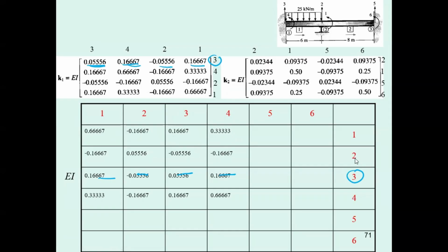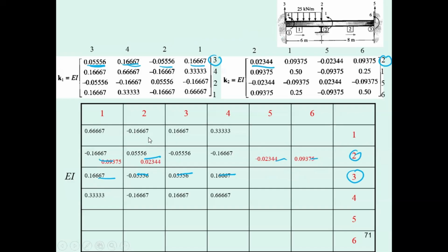Row number 2 is over here. Start with 2, and then 1, 2, 1, and then 5, 6, 5, 6. Then go to row number 1.